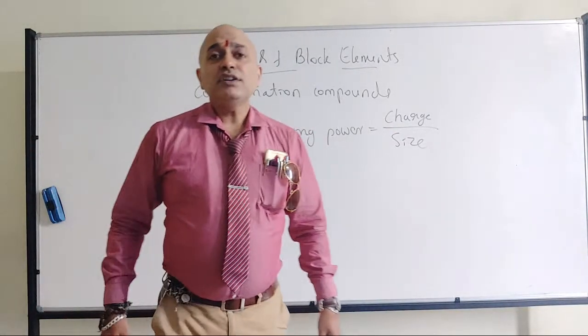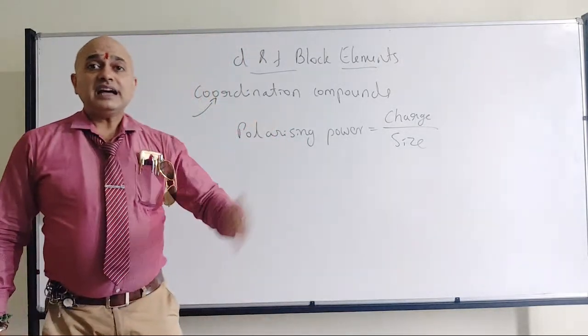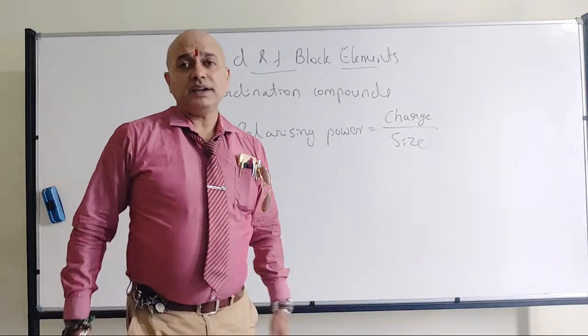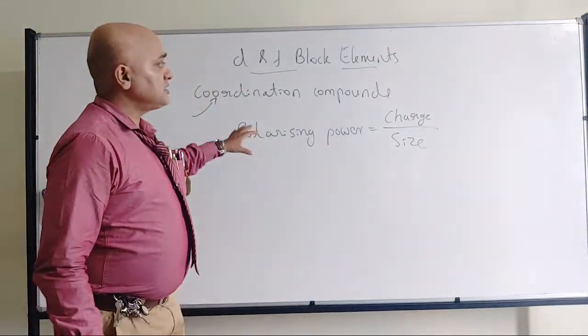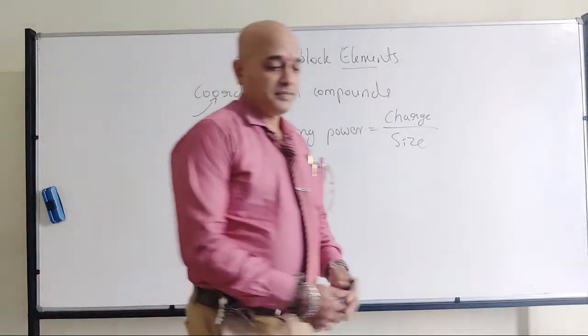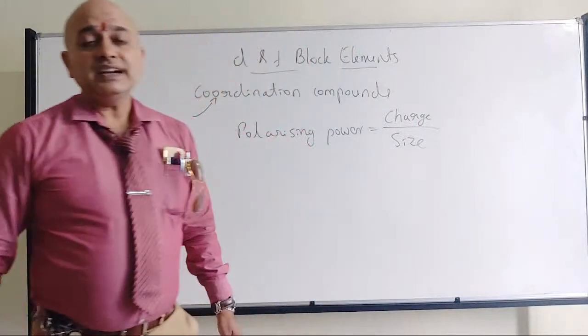Now, can any one of you tell me, if I compare transition metals with group 1 and group 2 metals, which is going to have the larger value of polarizing power? Which can have the larger value?